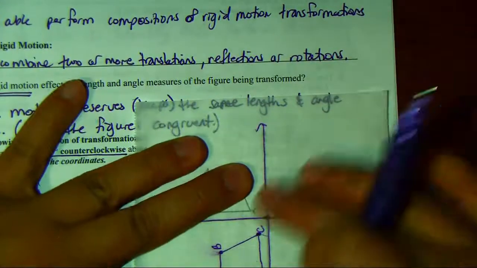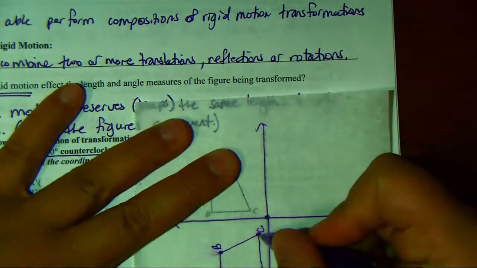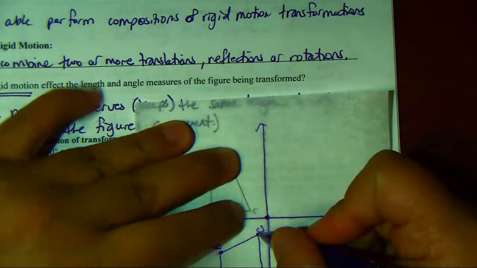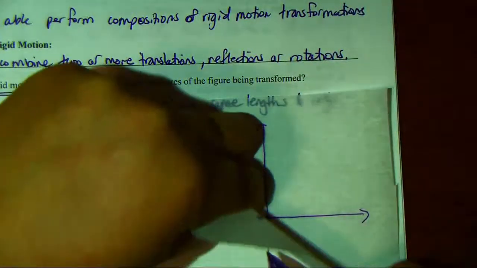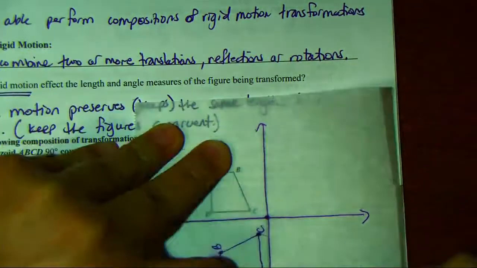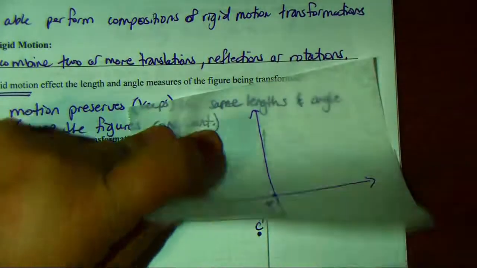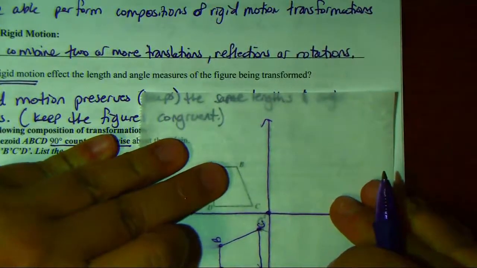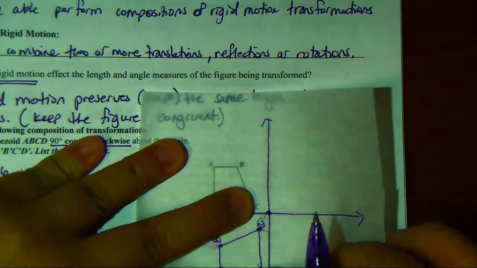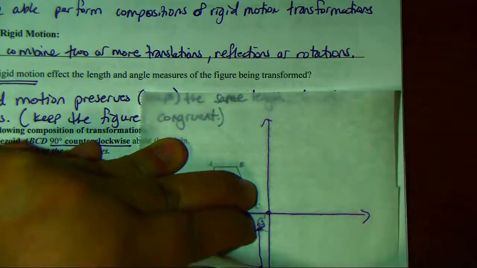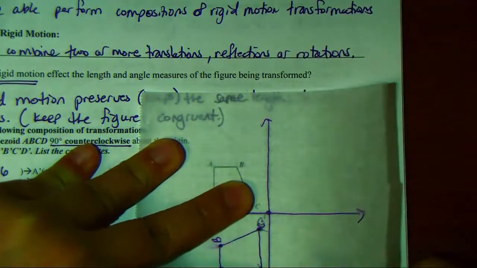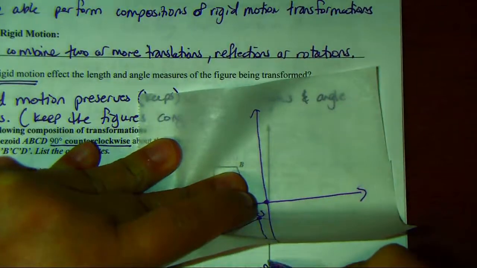And the whole idea is I want to mark what these points are going to be. So C is going to be right here. That's going to be C prime. Okay, oops, lost my spacing there. D is going to be right over here. So that's going to be my D prime.